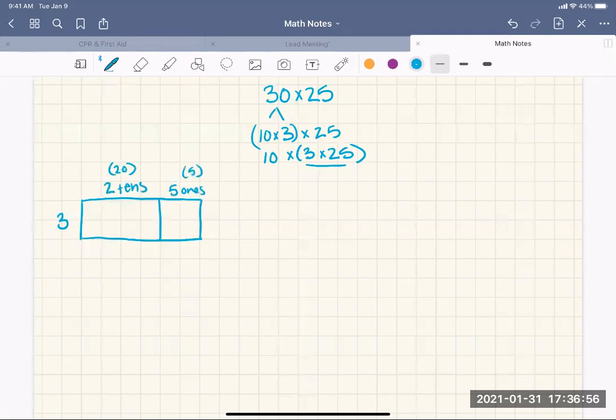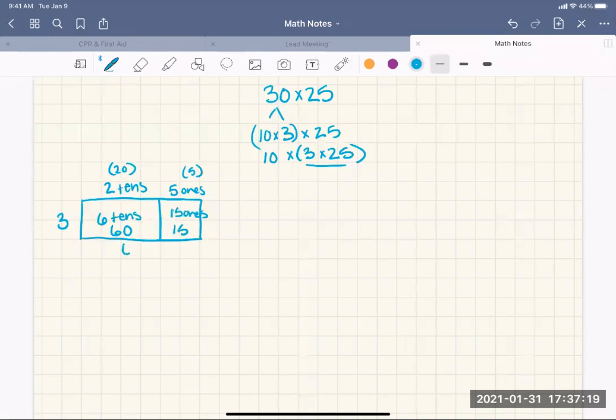When I write it in unit form, it's going to help me out a little bit to remember my place value. So I know 3 times 2 10s is definitely going to be 6 10s, which is equal to 60. And then 3 times 5 1s is going to be 15 1s, which is also equal to 15.